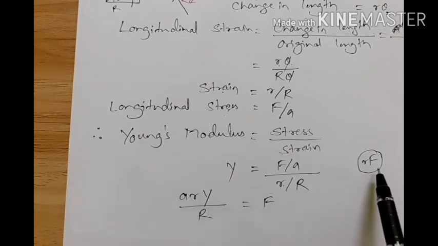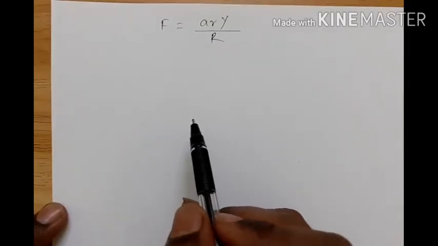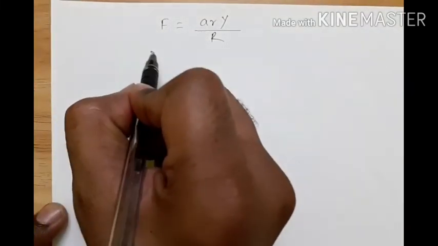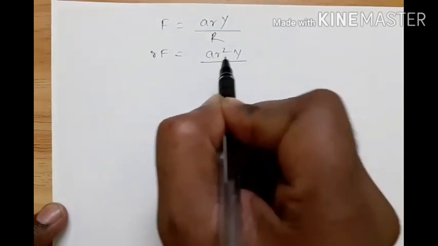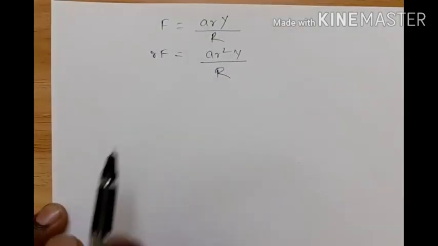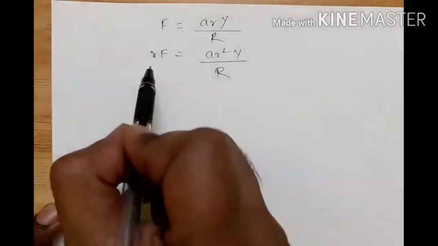We want R into F, that is the couple, right? So now let us multiply R on both sides. What we will get is RF is equal to A r square Y divided by this R. So this is the equation, and this is the bending moment.